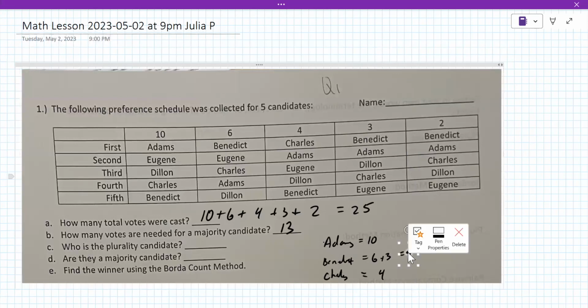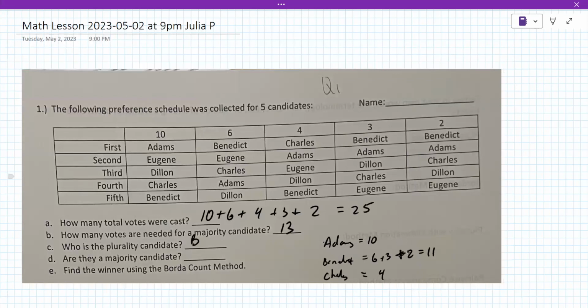So it's 9 plus 2, that's 11. So Benedict is the winner of the plurality method. So plurality, you simply look at the first row. I don't know what to do if there's a tie. We can do that another time if we need to. There's also plurality with elimination, which we're not doing. So we'll just go with that.